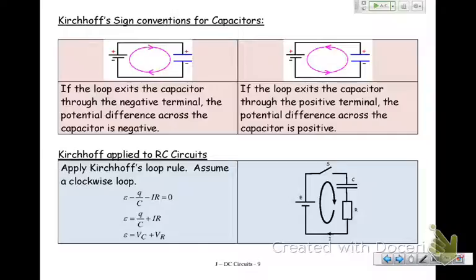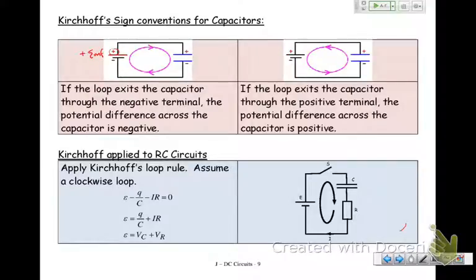What we come up with is we have a loop that, again, we invent. And we say if the loop exits the capacitor through the negative terminal, the potential difference across the capacitor is negative. So the loop, in this case, exits the voltage source via the positive terminal, so that would be a positive EMF.